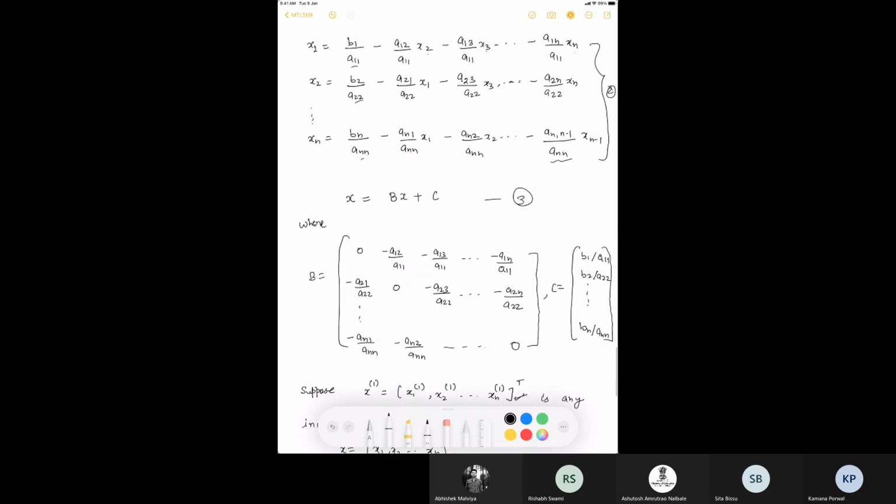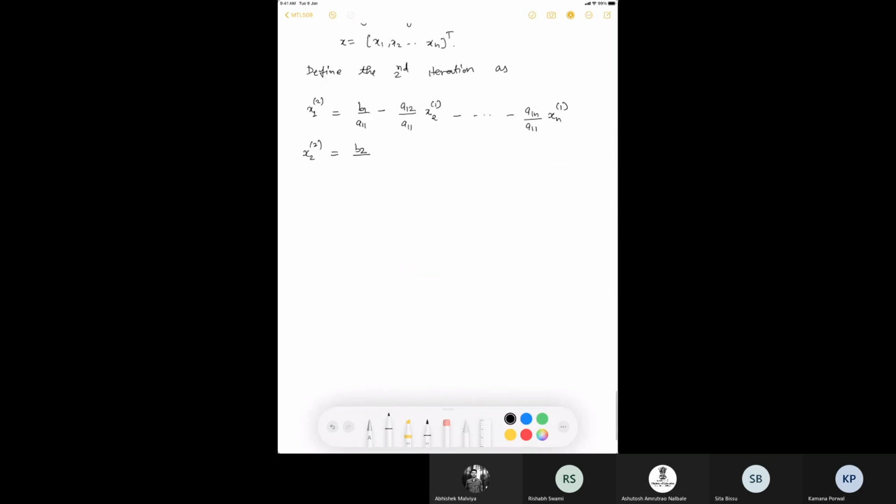So this is going to be b2 divided by a22, minus a21 divided by a22 times x1,1, minus the next term a23 divided by a22 times x3,1, and the last term is going to be a2n divided by a22 times xn,1. Okay, so likewise we are going to generate the second iteration.